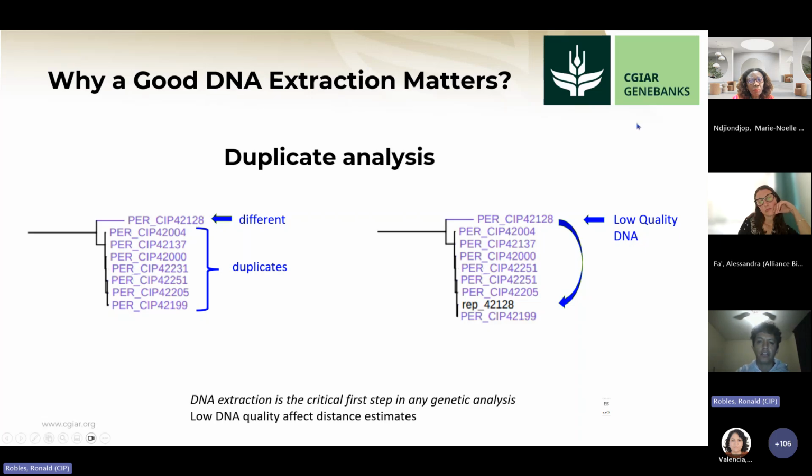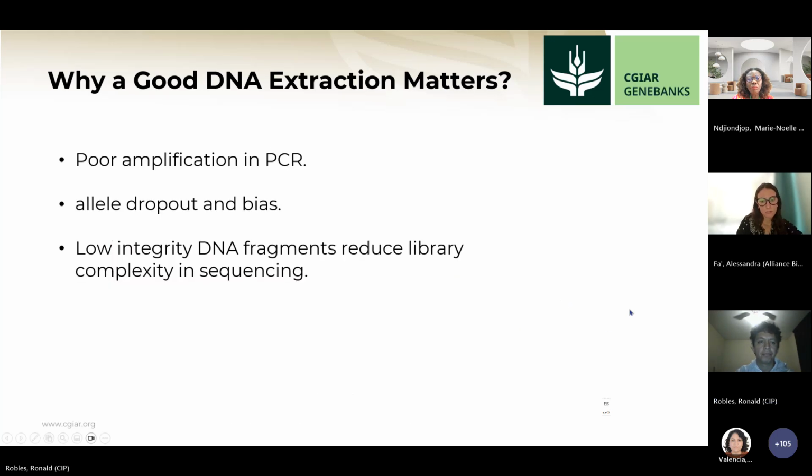This example is for duplicate analysis, but we can also see this effect in many other analyses we can make with our collections. So this is one of the reasons why we must pay attention to the quality of our samples, because this is the initial step in all our posterior analyses.